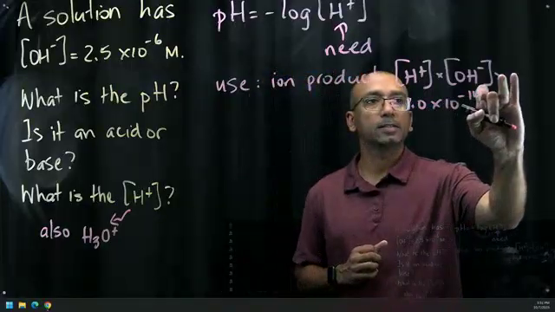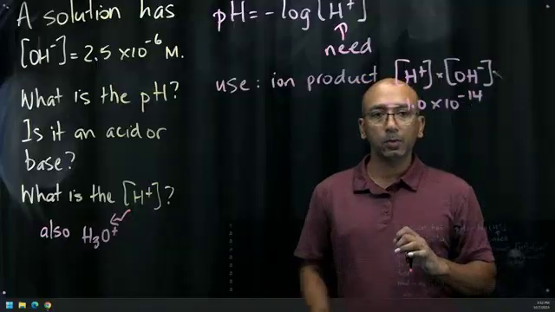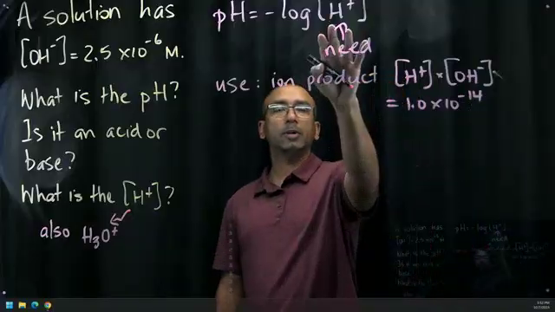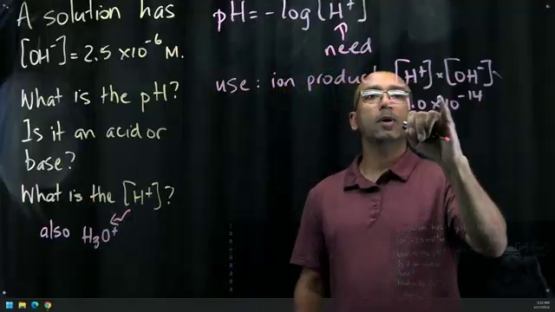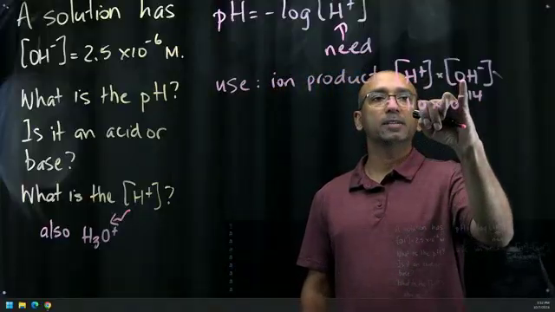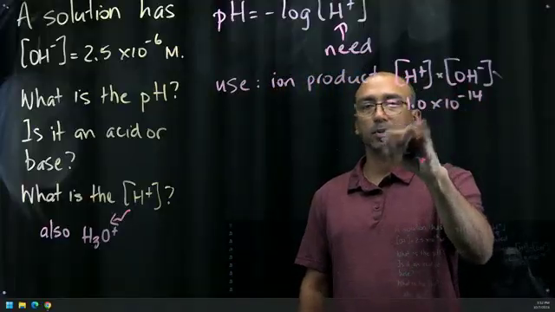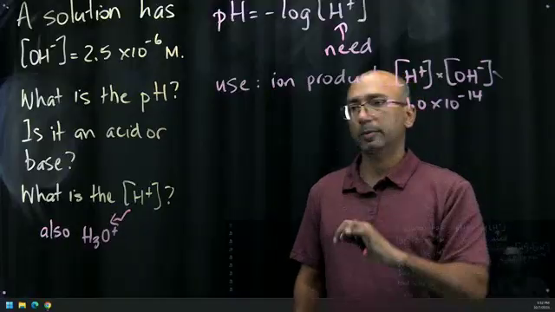So that's the relationship that we can use to help calculate the H plus. If I know what the OH minus is, I can plug it into this equation, do a little bit of algebra on it, and determine the H plus.